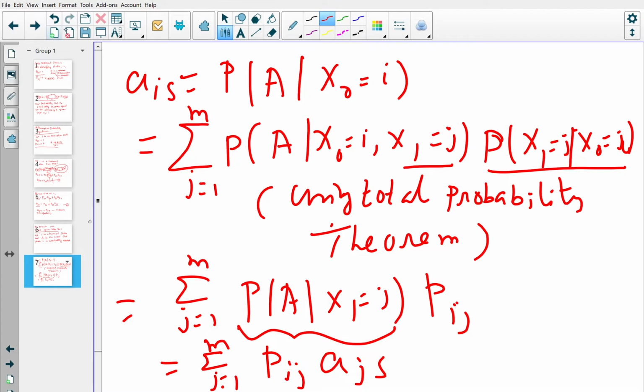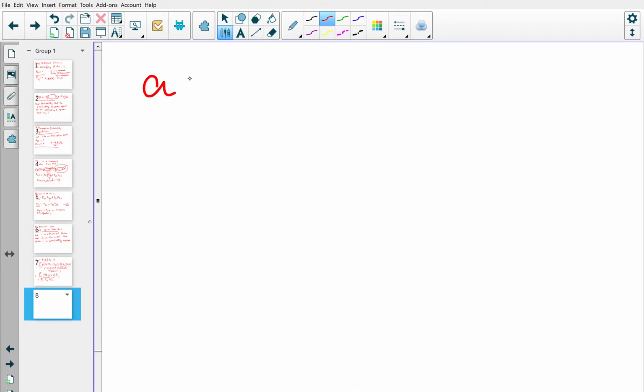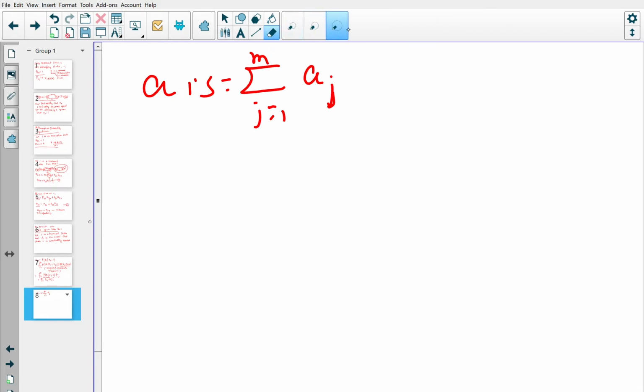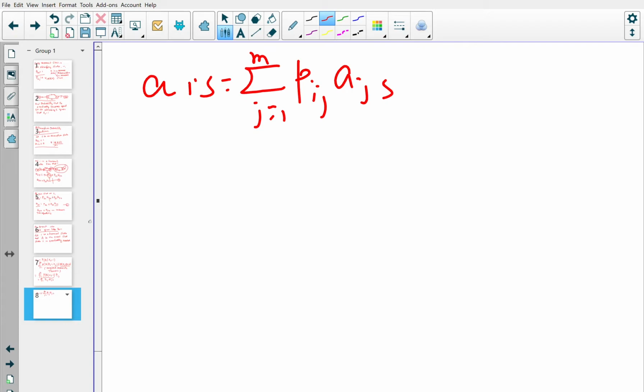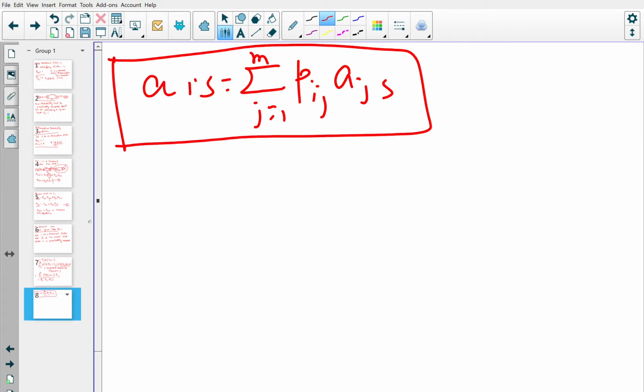Thus AiS is the sum over j equal to 1 to m of Pij into AjS, and this is a very important formula for calculating our probabilities in the problem.